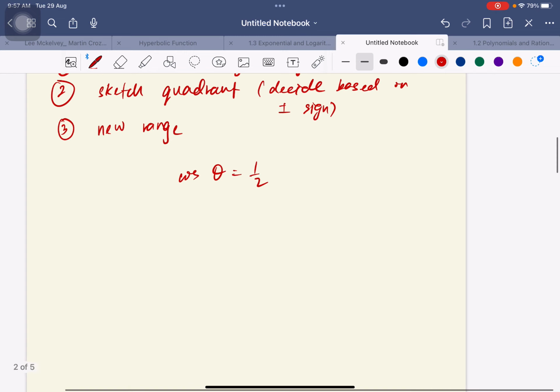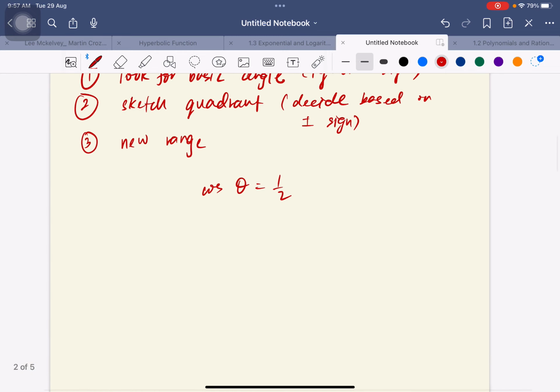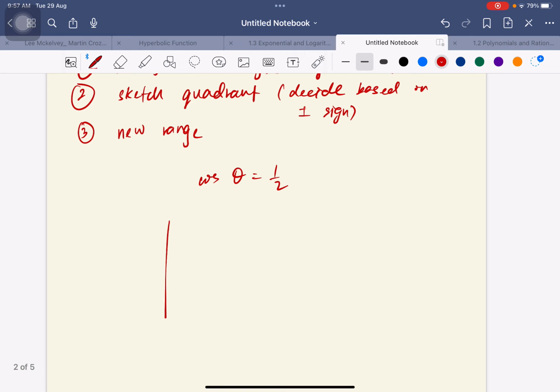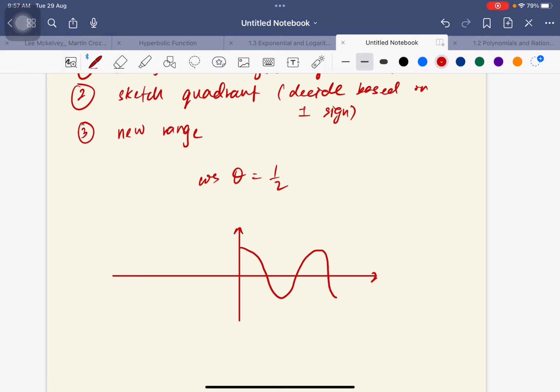In general, cos theta is a periodical function. If I were to sketch cos theta without a given range, it will look something like this, and it goes on forever.